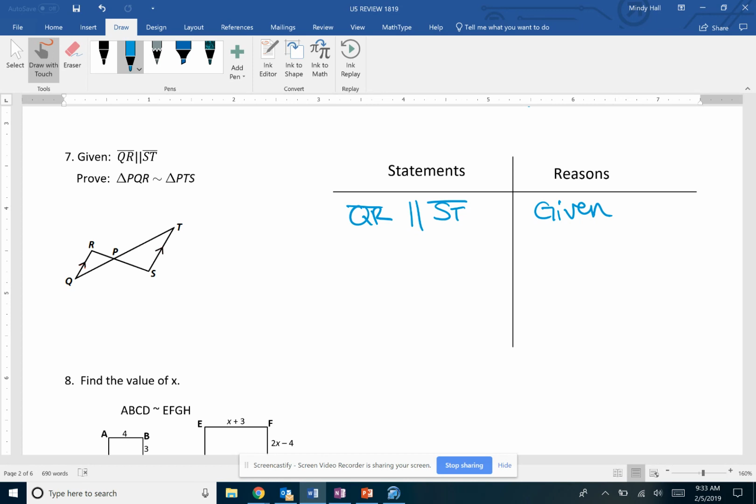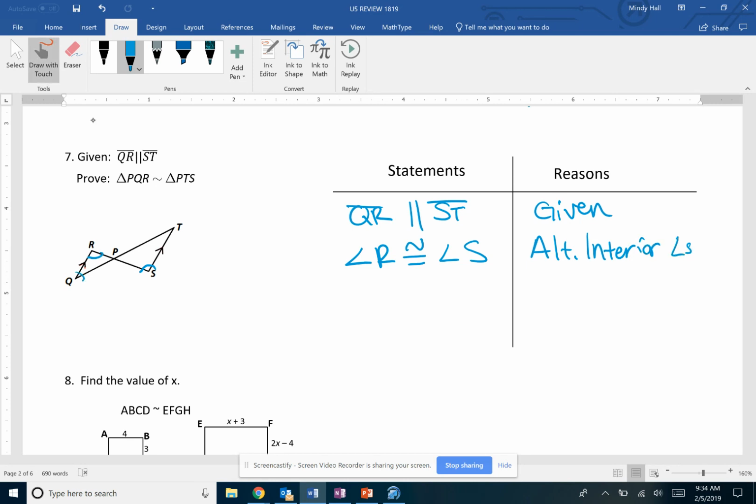And looking at this, because I see this little z in here, even though it may be sideways, it's still a z, that tells you that there's going to be alternate interior angles. So you have angle R and angle S that will work. So angle R is congruent to angle S because of alternate interior angles.